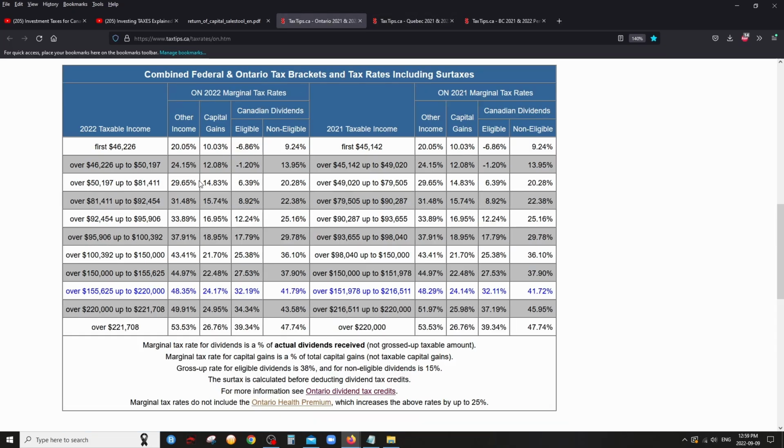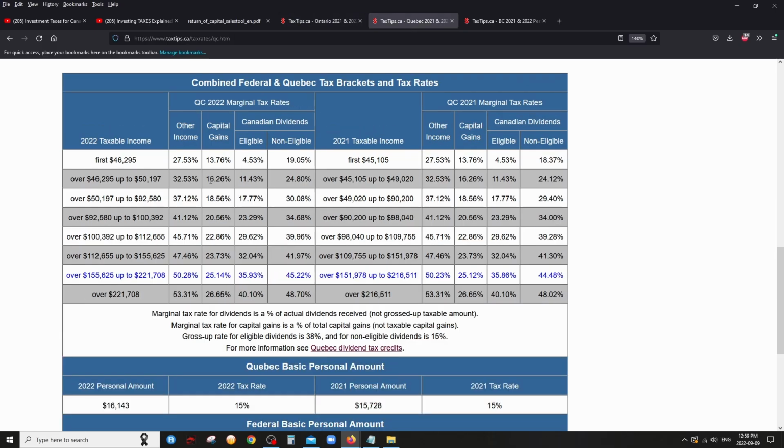Meanwhile, in Ontario, it's only 12 and minus 1. So this is why in Ontario, eligible dividends are very desirable if you're declaring only 50 grand, because you won't even pay taxes on them. You'll even get a tax credit. But in Quebec, you're paying 16 on capital gains and 11 on eligible dividends.